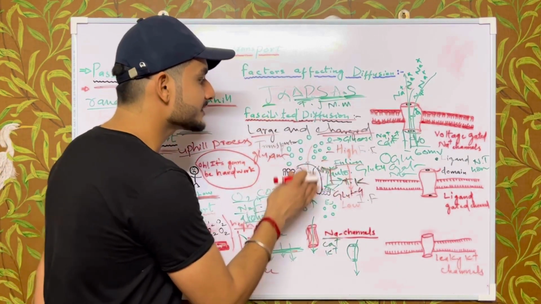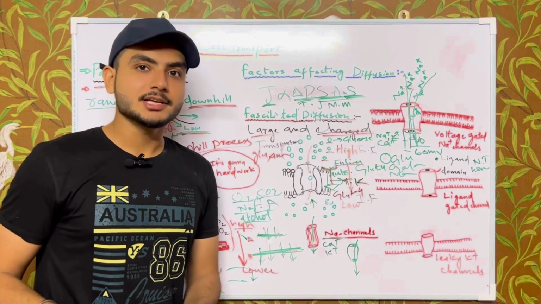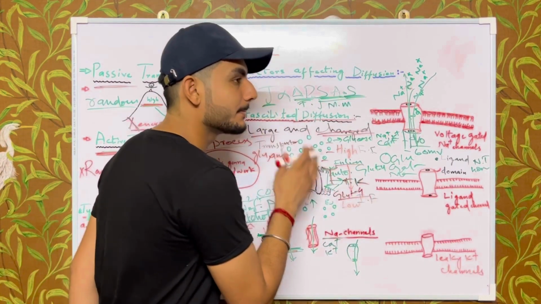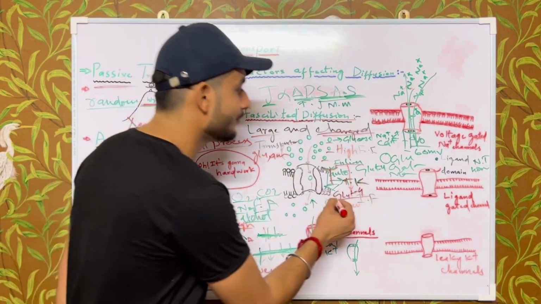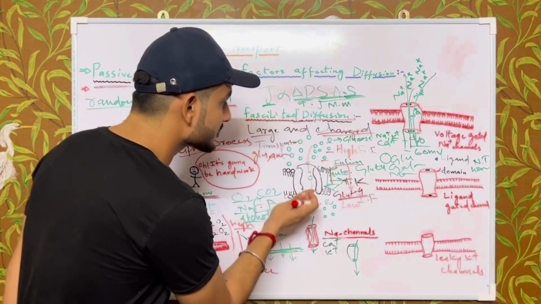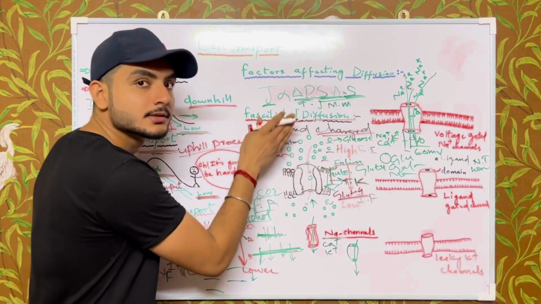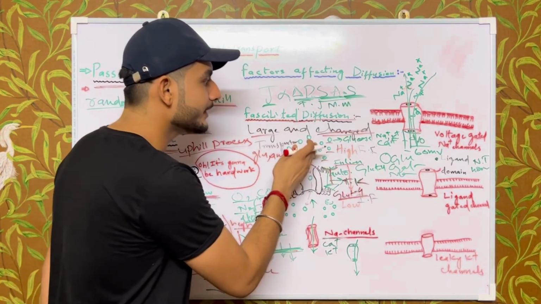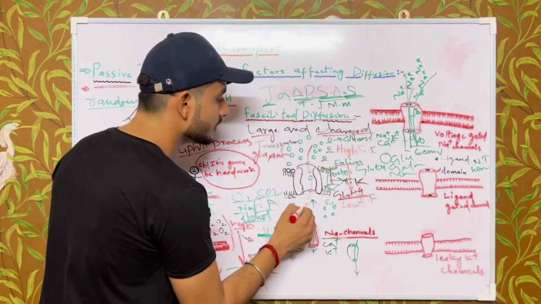And after some signaling pathways, we know that within the cell there are some vesicles which contain GLUT4 transporters. After insulin stimulates these receptors, these GLUT4 transporters get translocated to the cell membrane. Now these transporters allow the movement of glucose from the extracellular fluid to the intracellular fluid.